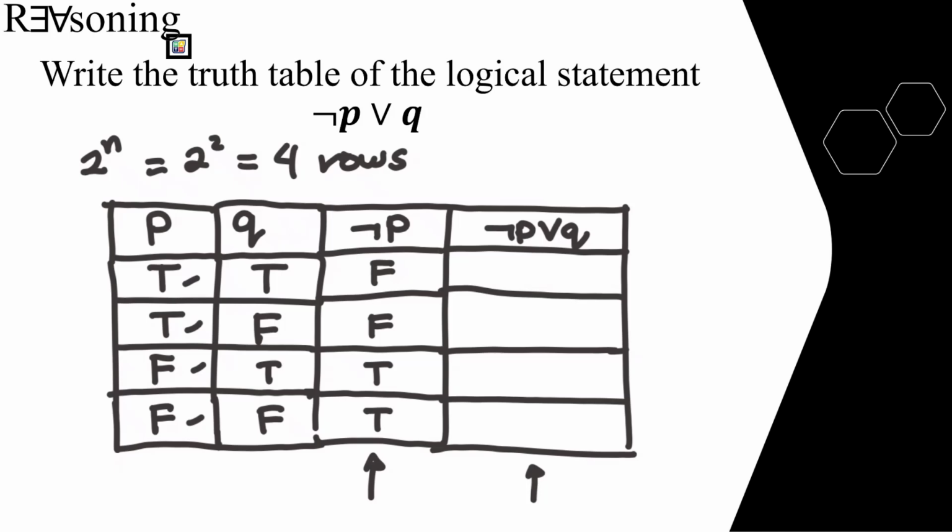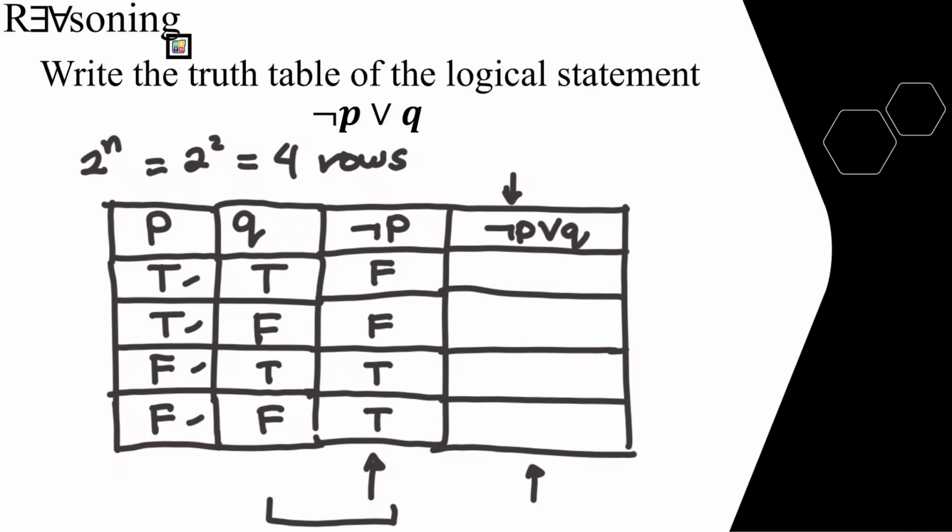We are not going to use here P, but instead we are going to use the negation of P. And take note, under disjunction, the result will only be true if at least one of the propositions, in this case, not P or the negation of P, and Q is true. At least one. Now, we are going to look into the second and the third columns as they are the columns for the negation of P and then Q.